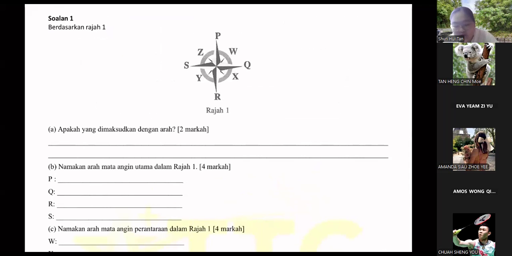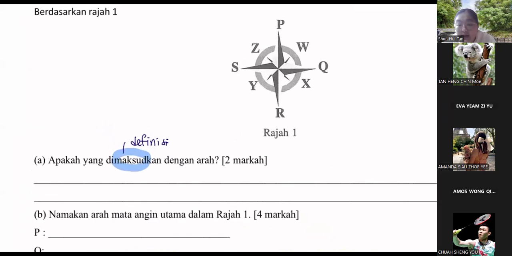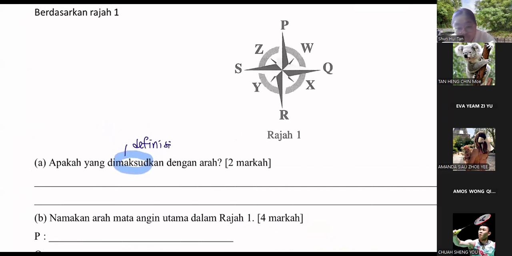This is a type of question they may ask. Apakah maksud arah? When they say maksud, they want the definition, or they use the word definition, meaning. So what is arah? Arah is actually hala tuju sesuatu tempat. In the exam, try to write in full.